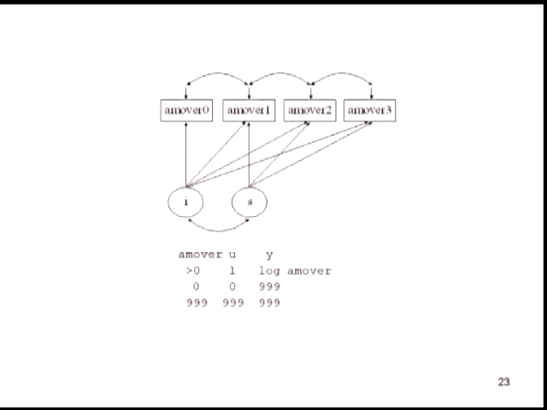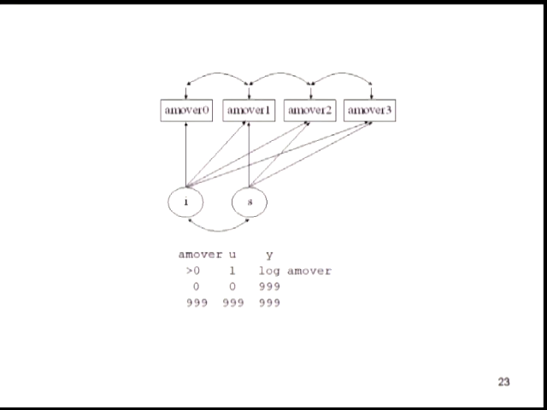And Mplus actually has a data 2-part function which will divide the variable into 2 variables for you. So if the original variable, which is called am_over, is greater than 0, then the binary variable, which we're going to call u, is going to take on the value 1, and the continuous variable, which we're going to call y, is going to be the log of am_over.